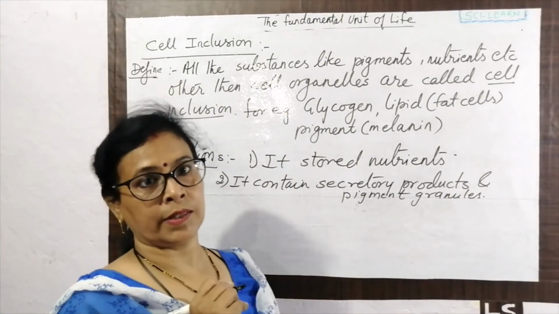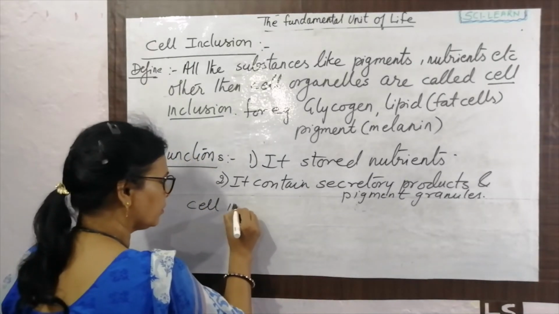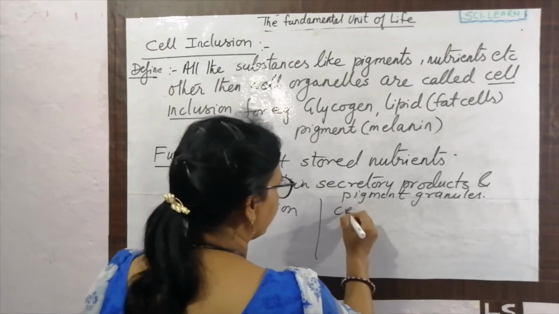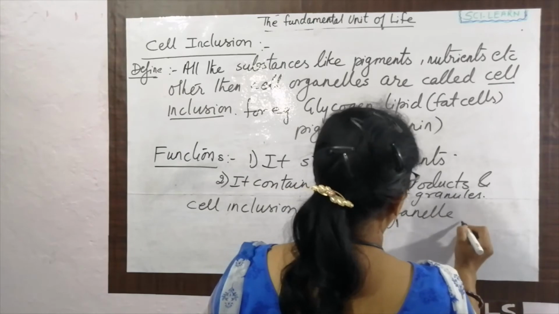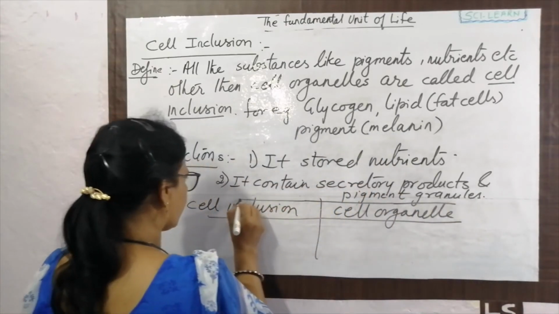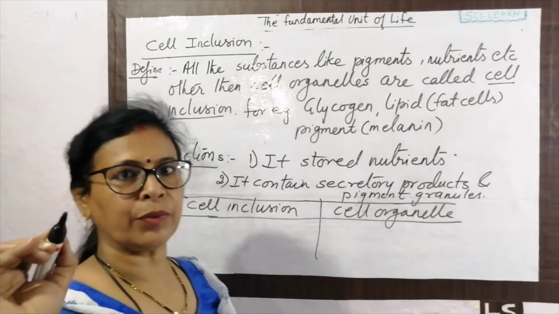Now one more question is here. What is the difference between cell inclusion and cell organelle? Both are important, but there is a little bit of difference between these two.